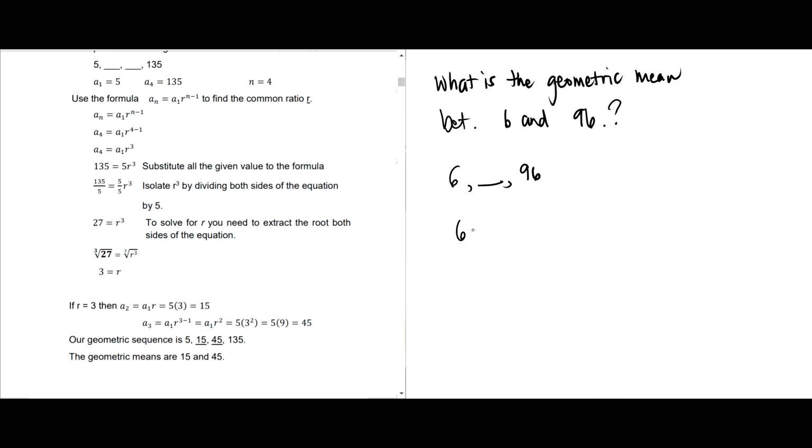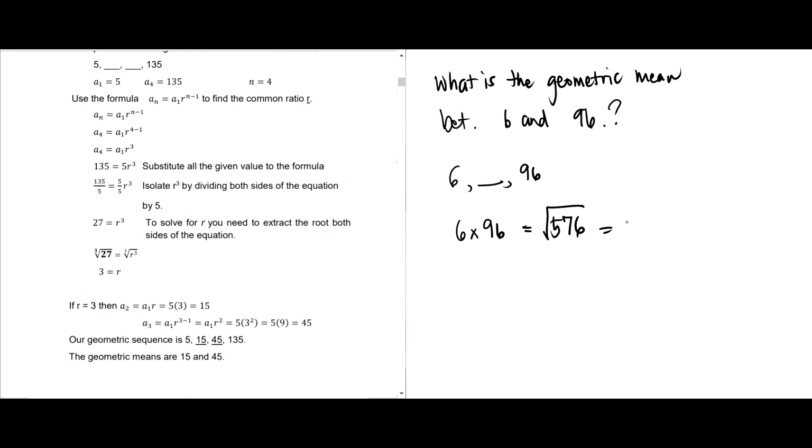You just multiply 6 and 96. 6 times 96, that's 576. Now, upon getting 576, get the square root.